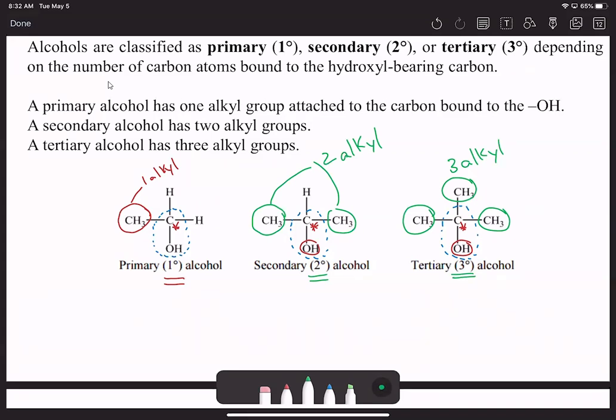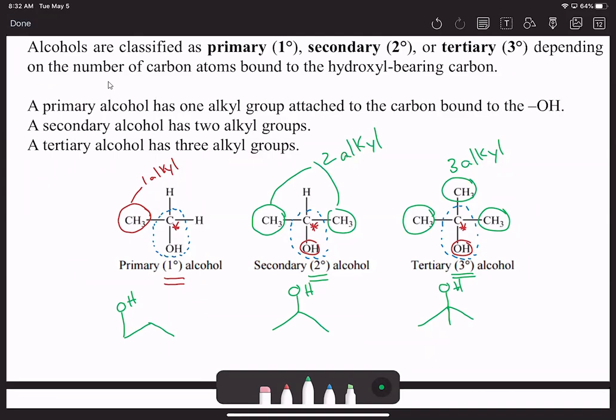If we see this in line formula, let's see here. So here, this is what a primary alcohol would look like. Secondary alcohol would look something like this. And a tertiary alcohol would look something like this.